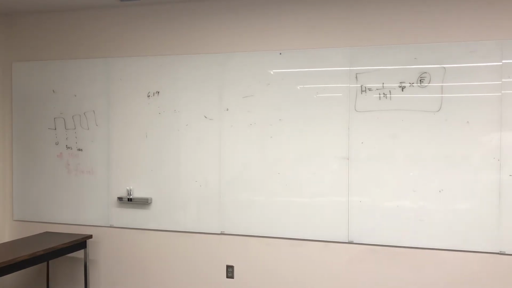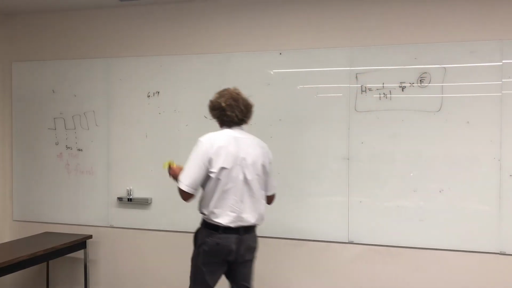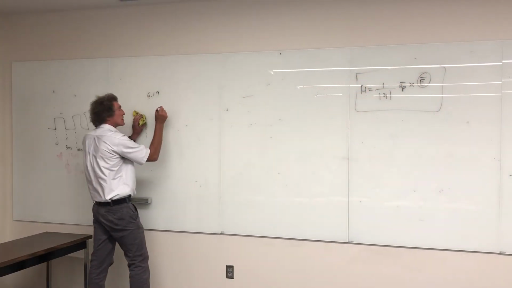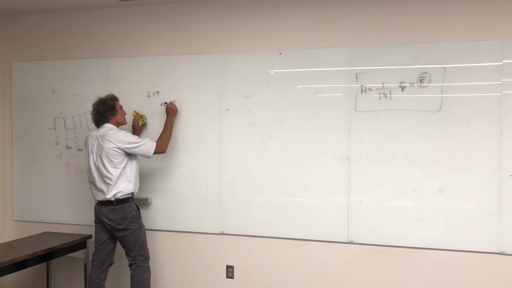And seawater. Give me the specs on this. Epsilon relative of seawater is 72 and sigma is 5.